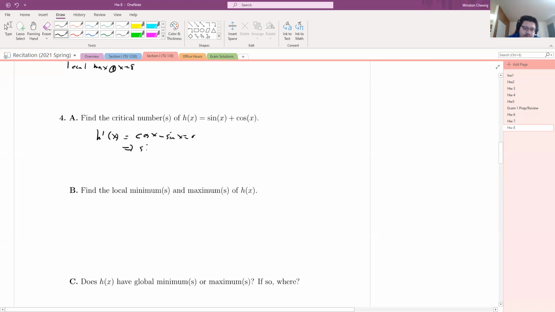So this is going to give me sine x is equal to cosine x. And so I want to at least check that people can follow. So give me one value for which sine x equals cosine x. There should be at least one value that comes to mind.